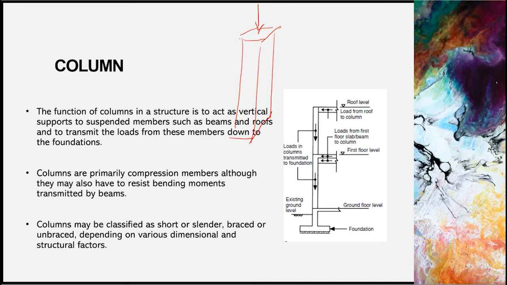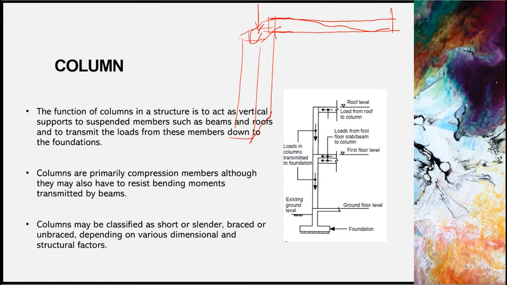Also mungkin dia juga ada resist bending moment transmitted by beam, because the beam perhaps will come from here. Saya nak melukis. So beam ni akan transmit, basically ada moment daripada beam ni akan transmit pada the column.